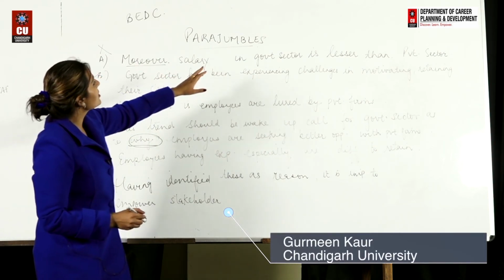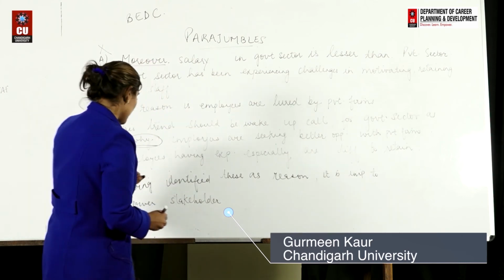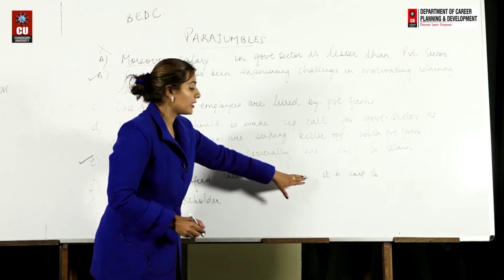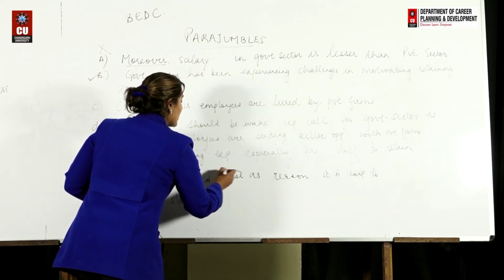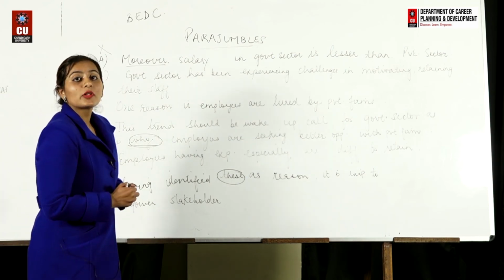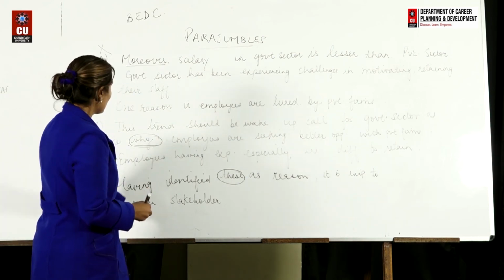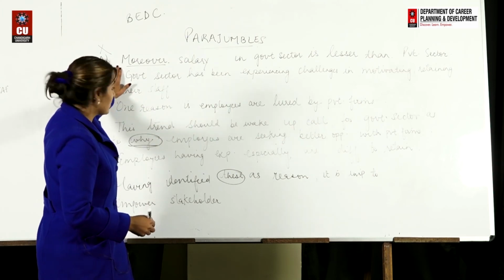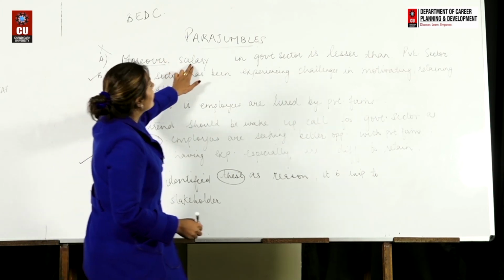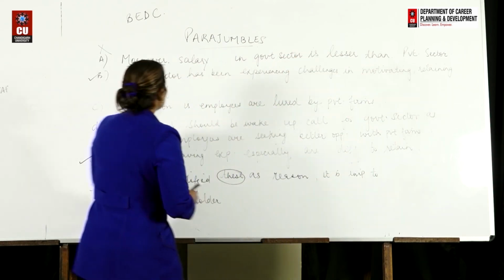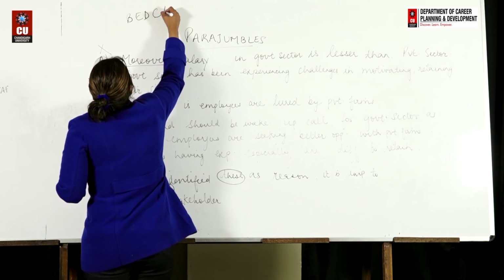Moreover, salary in government sector is lesser than private sector. Okay. Having identified these as reason, that means we have more reasons. It is important to empower the stakeholder. So if I look at it, there is another reason. Moreover, salary in government sector is lesser than private sector. So, it will be A.